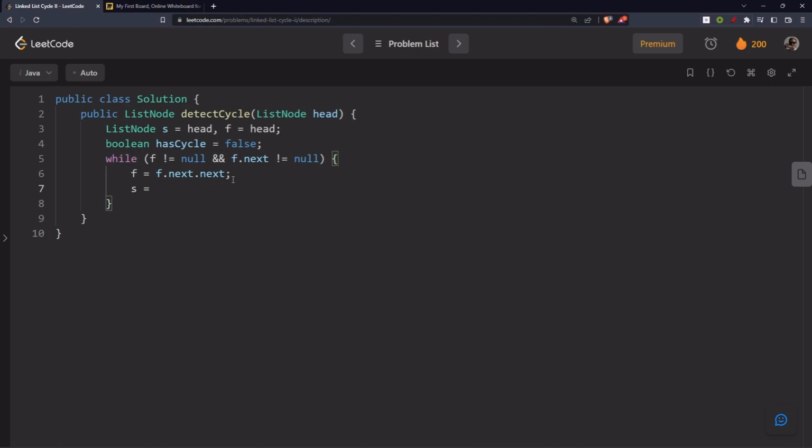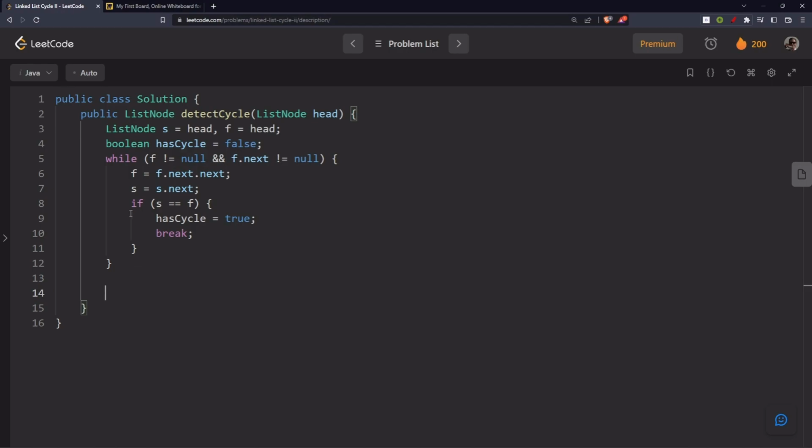And slow equals slow dot next. In any case, if slow becomes equal to fast, then hasCycle becomes true, since we saw that they finally meet at some point, and we break out.